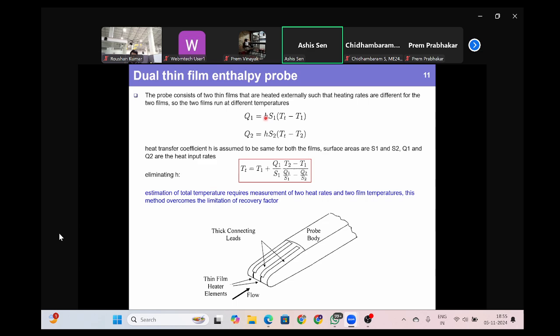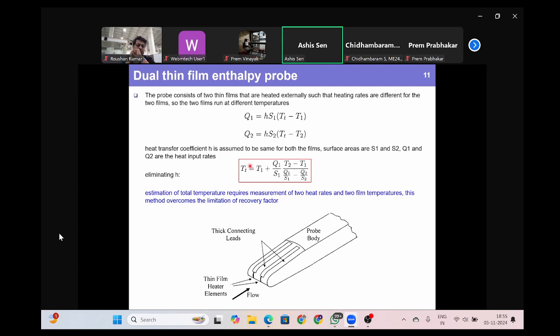Like your stagnation pressure, where you have static pressure and dynamic pressure, the stagnation temperature will have a static temperature component and a dynamic temperature component. The dynamic temperature component is coming from the enthalpy of the flowing fluid.